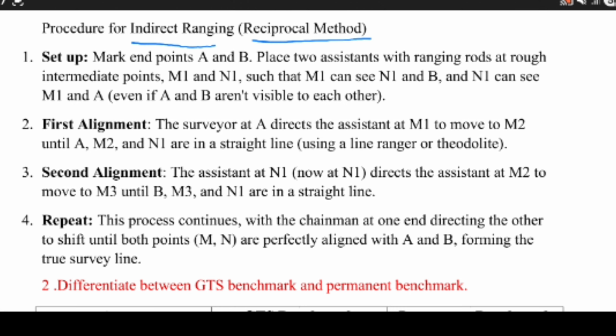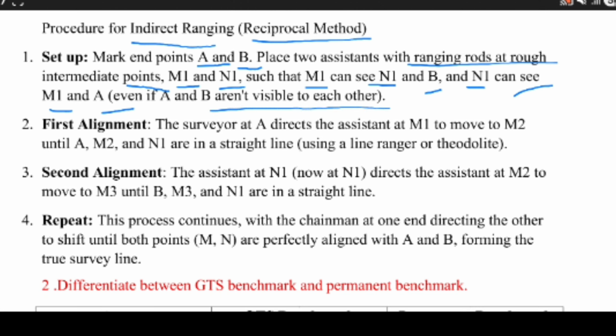Set up the instrument at points A and B, and place two assistant ranging rods roughly at intermediate points M1 and N1 such that M1 can see N1 and B, and N1 can see M1 and A, even if A and B are not visible to each other.